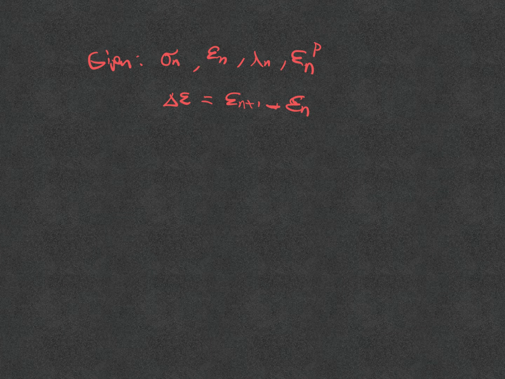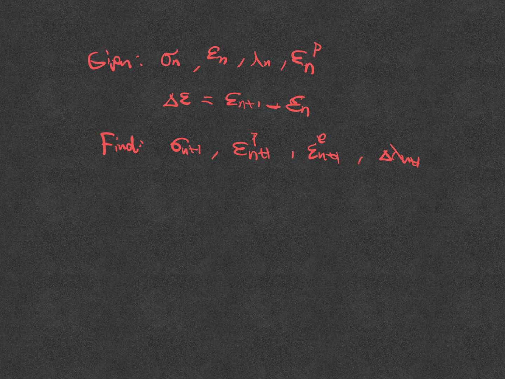So I'm given this, and what do I need to predict? I need to find the new stress. I need to find the new plastic strain. And if I know that, of course, I know the elastic strain, and then I know the delta lambda n plus 1.